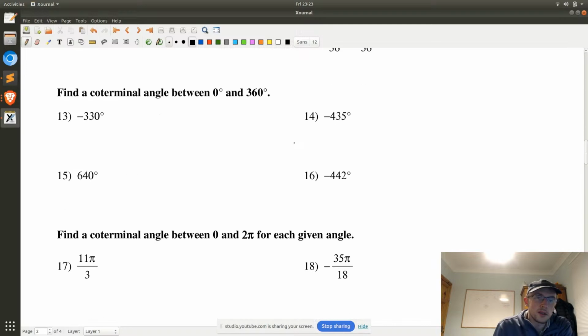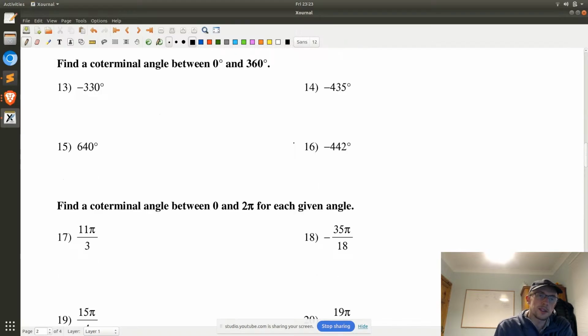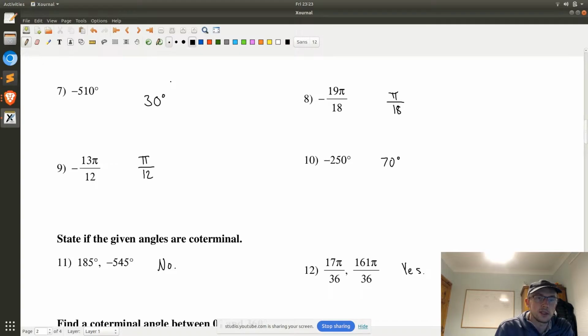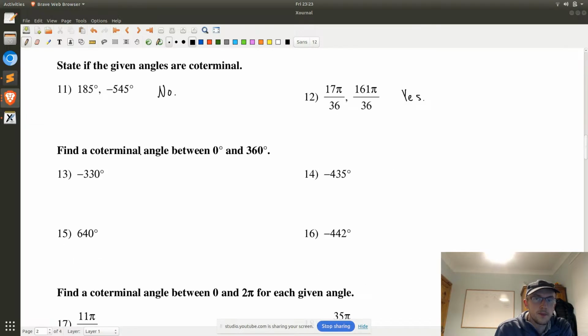And now find a coterminal angle between 0 degrees and 360 degrees. Okay, but first, let's just check these. Okay, that's good. We have them.